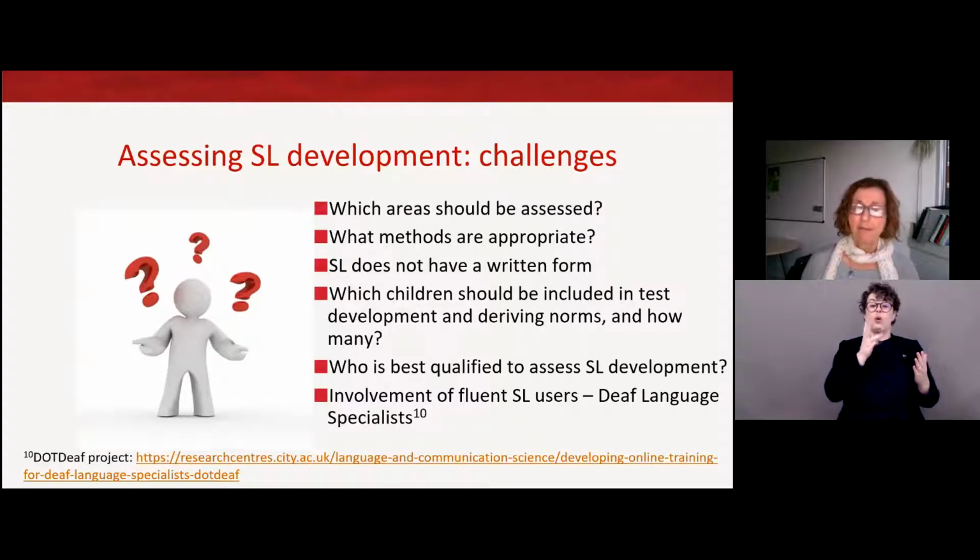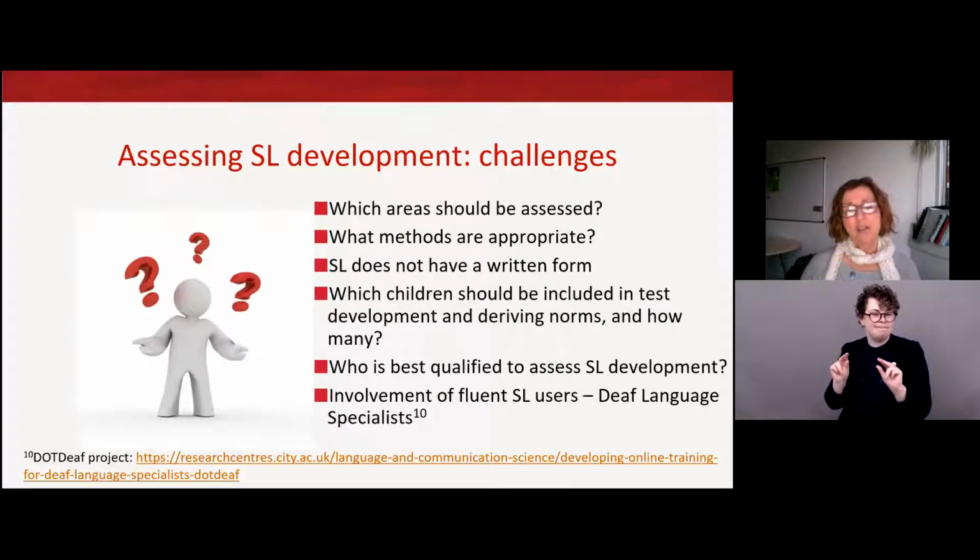Now, that's fine for a spoken language, but in a sign language where you're wanting to set up reference points, if the picture is in front of you and the child you're speaking to, it makes much more sense just to point to parts of the picture. So you don't necessarily see the child's ability to set up the reference points if you're looking at a picture description task. So not all methods are appropriate for children using sign language.